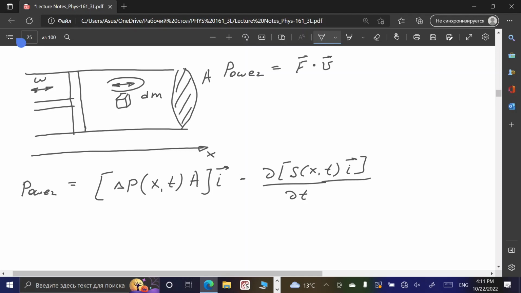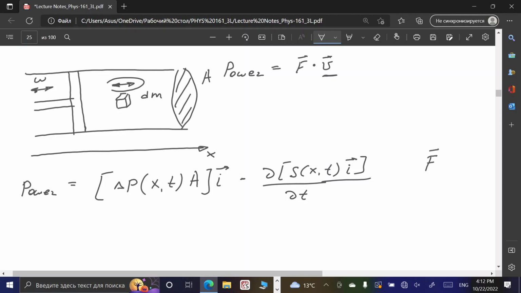If we consider at a given position x constant and take the first partial derivative of displacement over time, it will give us this speed, the velocity vector, multiplied by unit vector i.